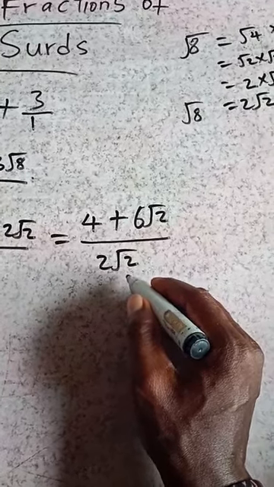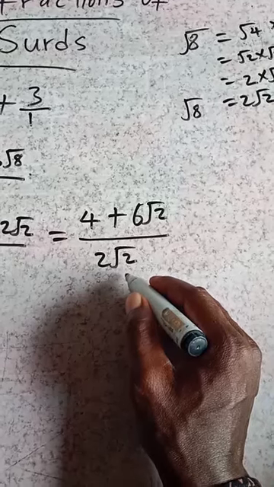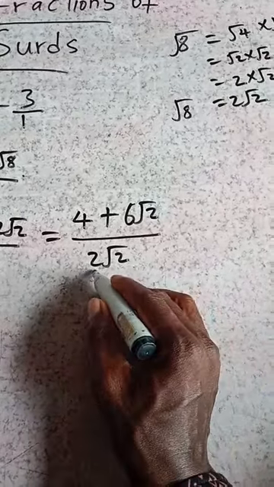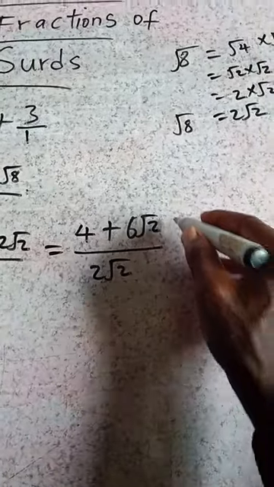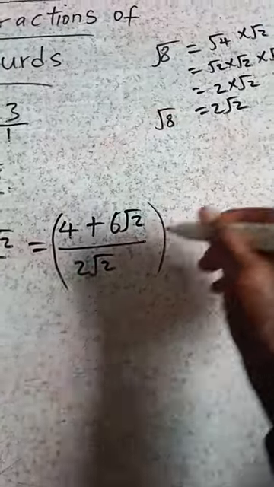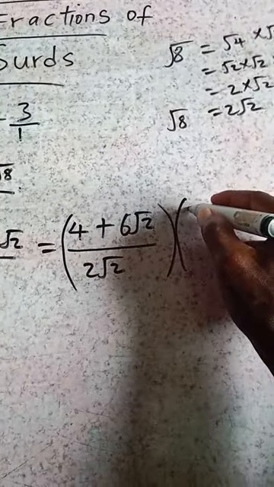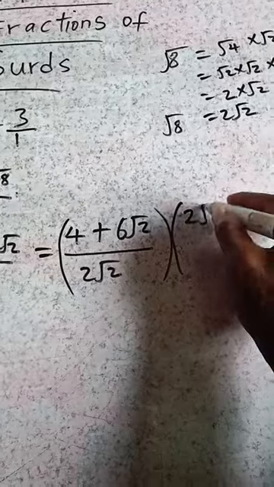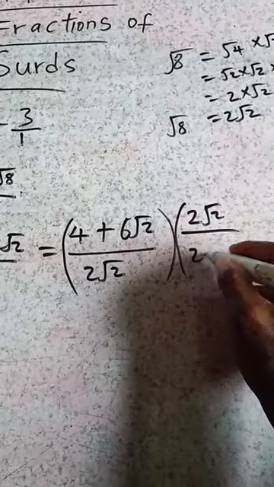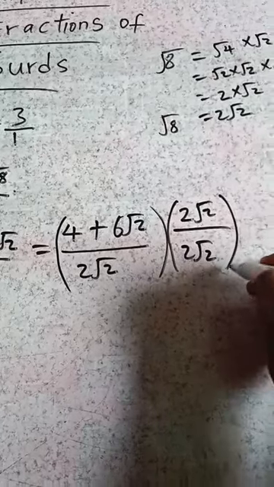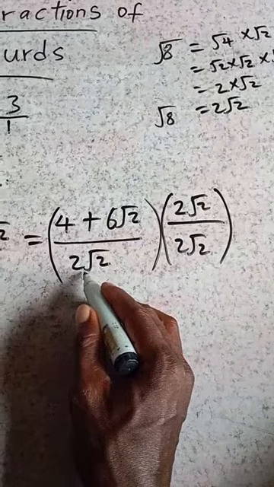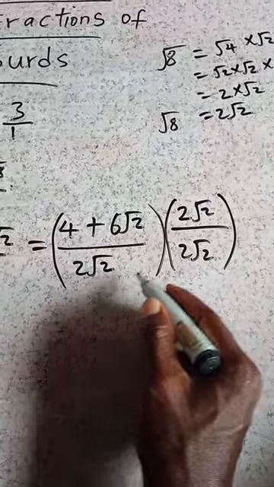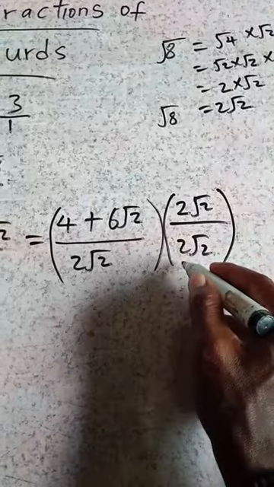So what we'll do next is to rationalize, that is, using the denominator to multiply the numerator and the denominator. We use the denominator, which is 2 root 2, to multiply the numerator and also the denominator.